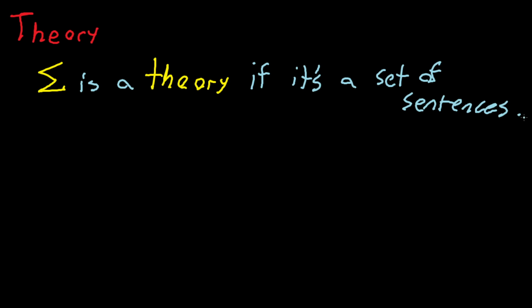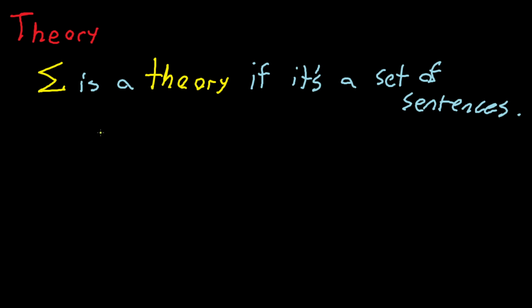And there's two different things that we could be considering here. Sigma is just any set of sentences. So sigma might be just the axioms of a theory. That's legal. That's a set of sentences. Or it might be literally everything true, like all the axioms plus all the theorems. And both of these are fine. For now, we'll just consider sets of sentences. We'll distinguish these two ideas later.